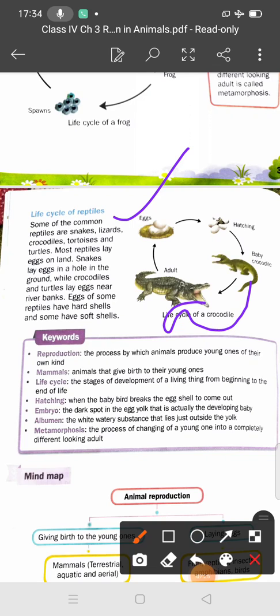How many stages are there? There are 4 stages: 1, 2, 3 and 4. First the egg, then from the egg the baby crocodile hatches out, and there are several molting processes until the baby crocodile converts into an adult crocodile.